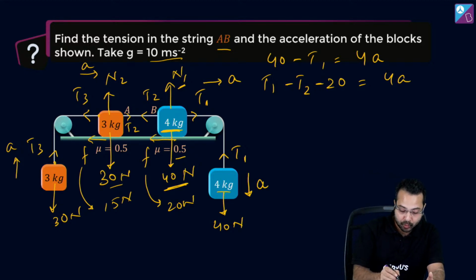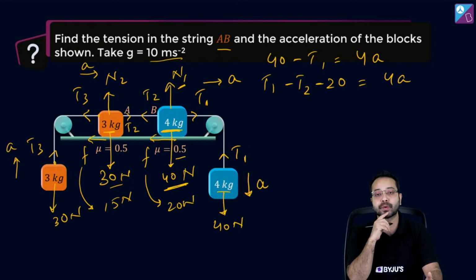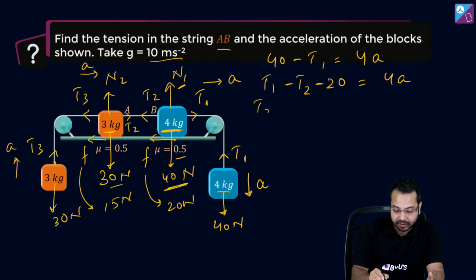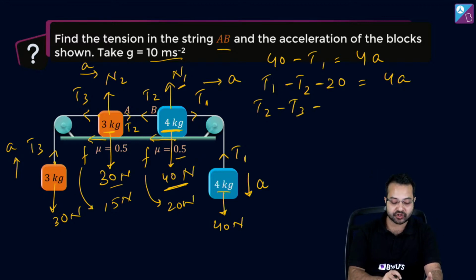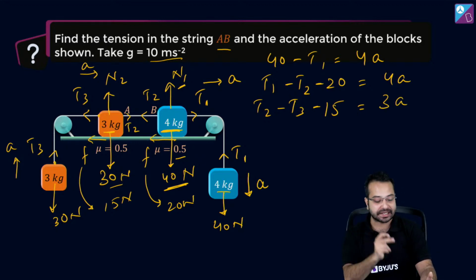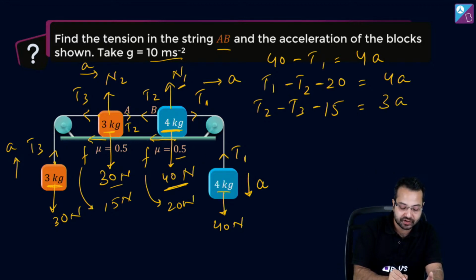Then we can write the equation for this 3 kg block. How do we write it? There is going to be T2 in the rightward direction, and T3 in the leftward direction, so minus T3. And then minus friction. How much is the friction? The friction is 15 Newton in the leftward direction. So minus 15 is equal to 3 times A. And finally, we are going to write the equation for the last 3 kg block.